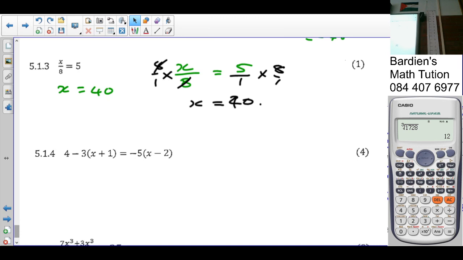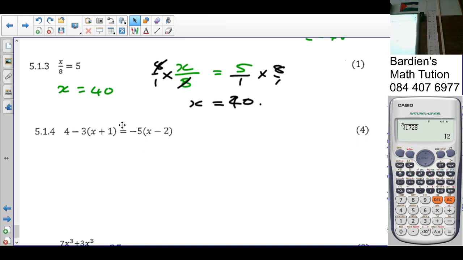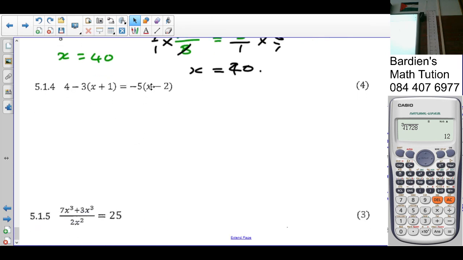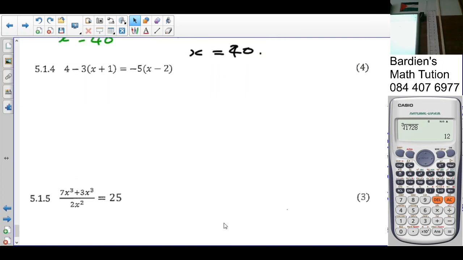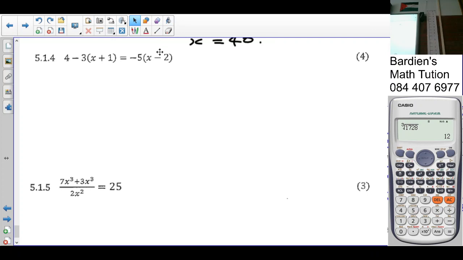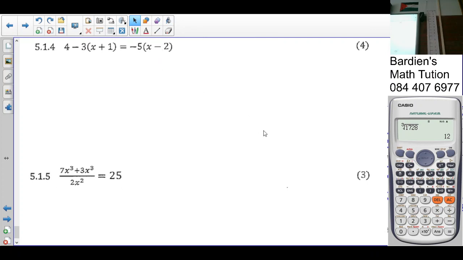Look at the next one. What needs to be done first here? Brackets. You will say 4 minus 3 first. Yeah. You all agree with that? No. Why not? Brackets first.